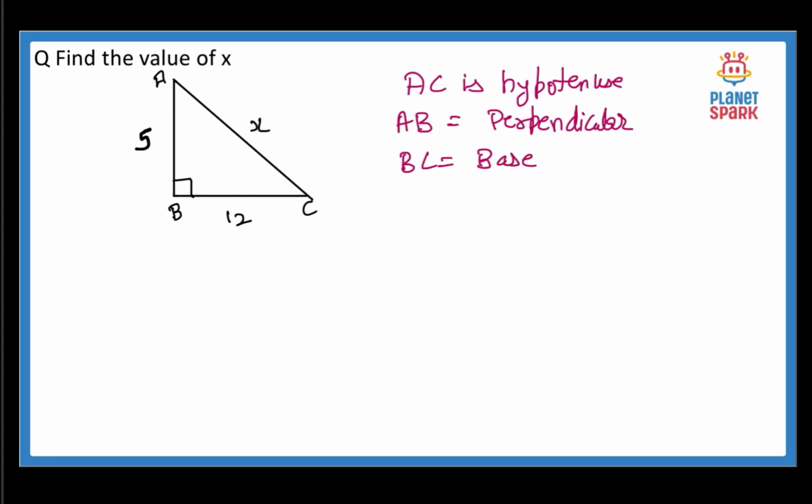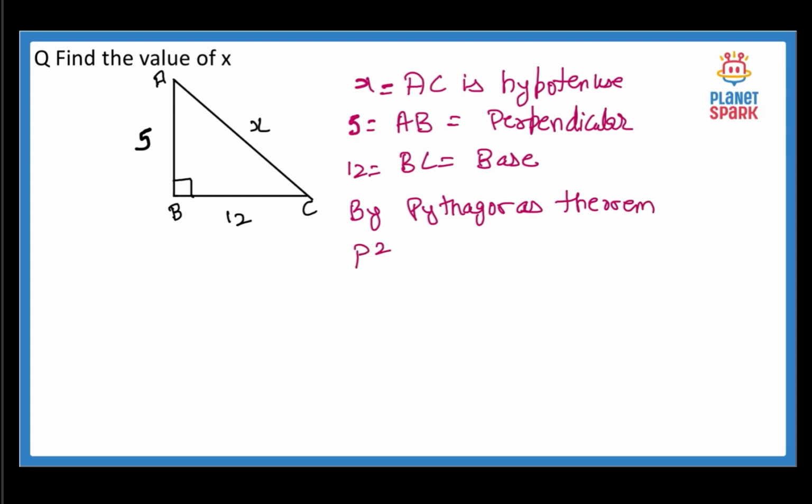So over here, perpendicular square plus base square is equal to hypotenuse square. Perpendicular is 5, base is 12, AC is the hypotenuse which is x. So by Pythagoras theorem, perpendicular square, that means AB square.